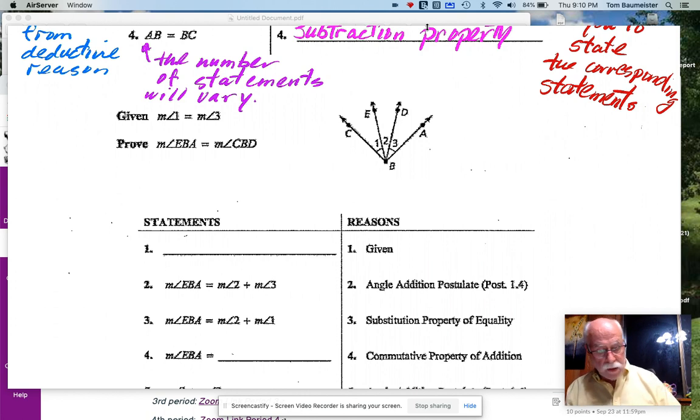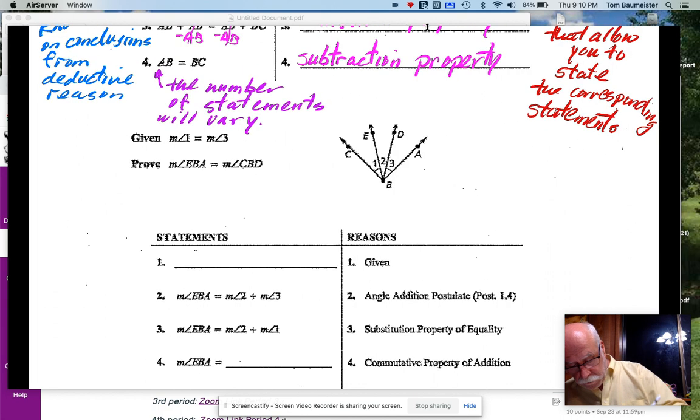Well, they told us it was given, so you have to tell me here that the measure of angle 1 is equal to the measure of angle 3. And if you notice there, people, they do have a mark here, right? With the little arc there, right? So both of them have a little arc there, so you know that they are equal in measure.